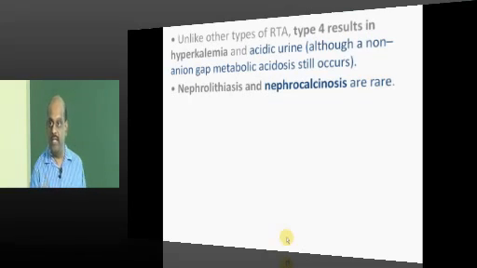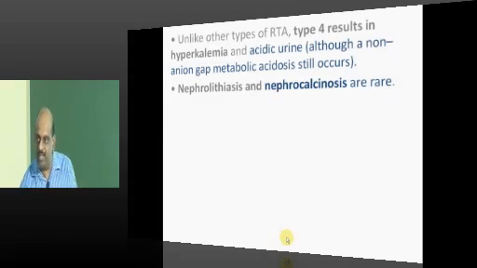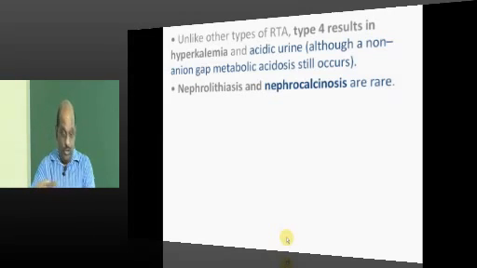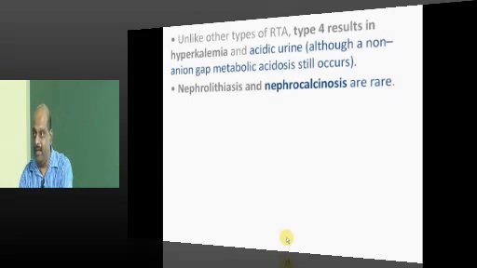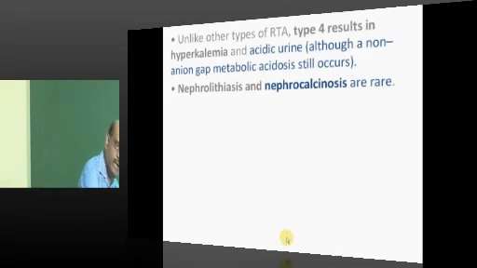Of course, you are saying that H plus is secreted, just as you told before, doc. That's right. But generally urinary pH is alkaline. But if you give an acid into the blood, then acidification can occur in the urine, and urinary pH can convert from alkaline to acidic. That's possible in case of proximal RTA.